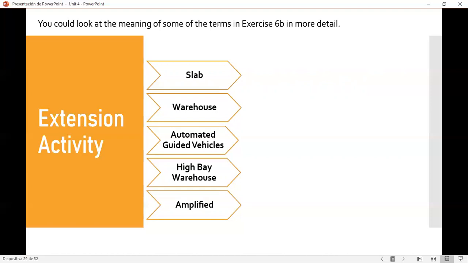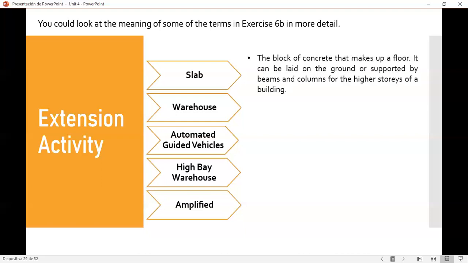We have a word for those products. Instead of saying products and stuff like that, you can say goods. Yes, I can say goods. I don't know if you are going to write it down in the notebook.